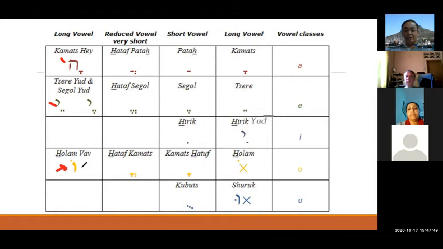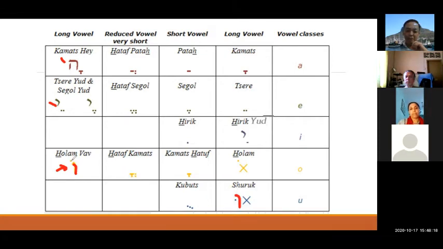Later, after the 8th or 9th or 10th century AD, much later, there's a waf here, and it can be read as an O, or it can be read as a U. How do we differentiate it?